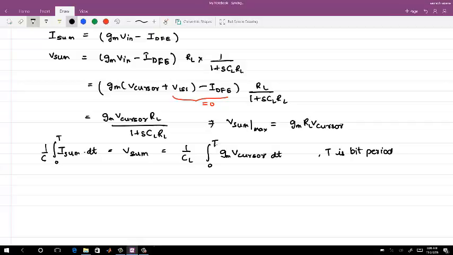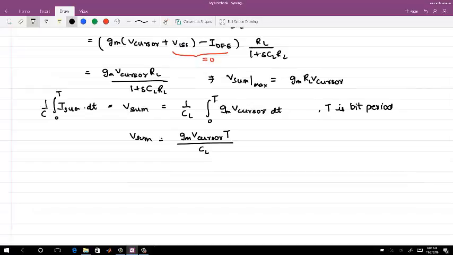Okay. So now the new VSUM is, now I am making an assumption here, I will go in detail of that. I assume that the V cursor remains constant for 1 bit period. Otherwise, I have to take the time dependency of the V cursor. So if I assume that is constant, you have GM V cursor by CL into bit period T. Now you consider this VSUM due to integration by VSUM due to RLCL settling.